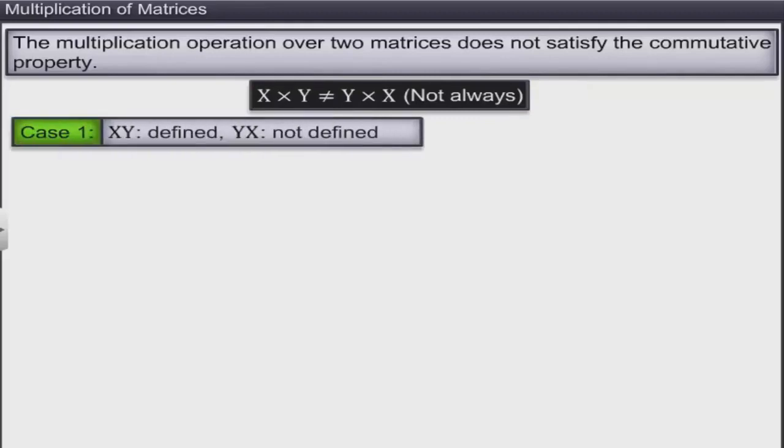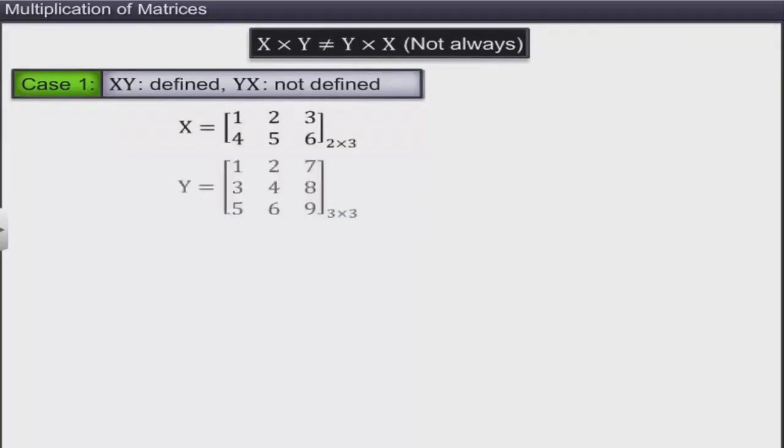X multiplied by Y is defined, but Y multiplied by X is not defined. Let's see an example with the matrices as shown. The matrix X is of the order 2 by 3, while the matrix Y is of the order 3 by 3.